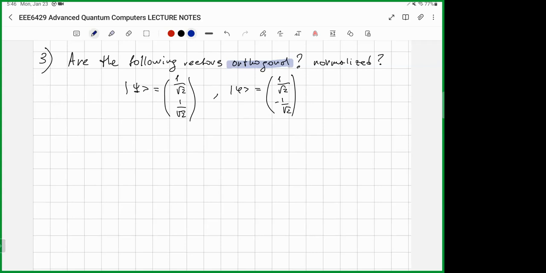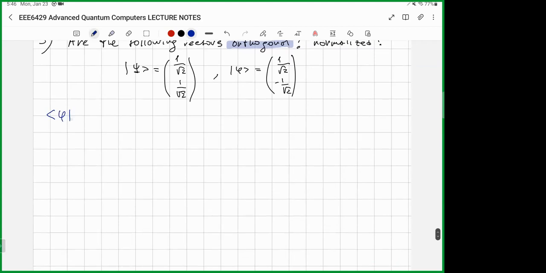Right, so orthogonal. Let's check. How do we do so? We take the inner product of vector phi and vector psi. The components of phi are real valued, so in order to get the bra, I just transpose the vector phi: 1 over square root of 2, minus 1 over square root of 2. And vector psi is 1 over square root of 2, 1 over square root of 2. As far as I remember, you had something like this in your homework assignment.